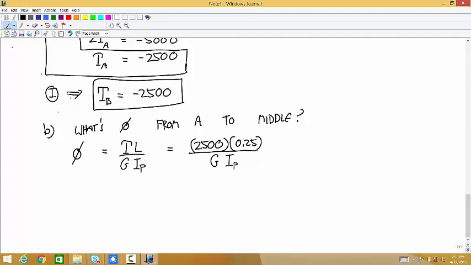And G is equal to E over the quantity 2 times 1 plus nu. So that's 200 times 10 to the 9 divided by 2.5.